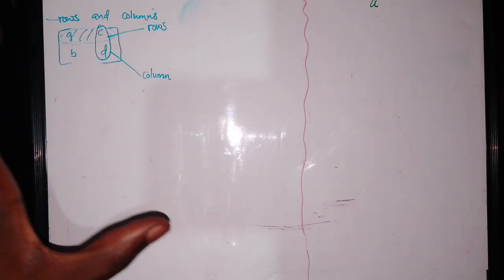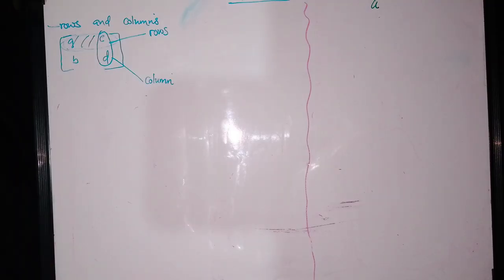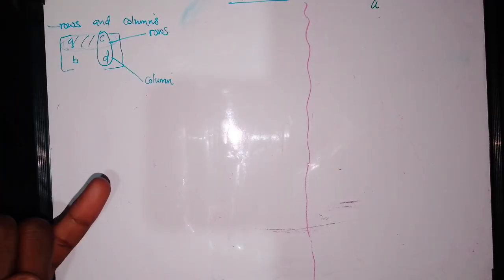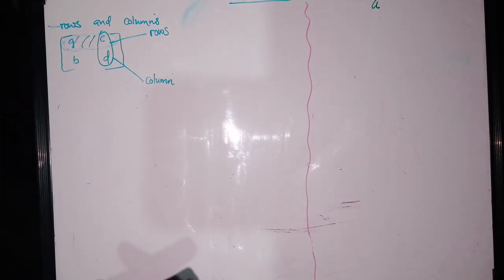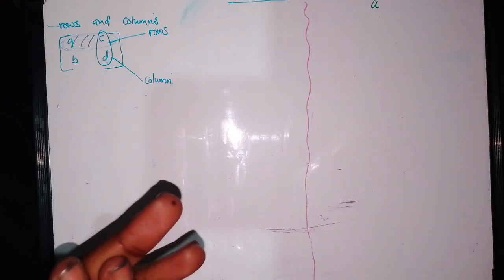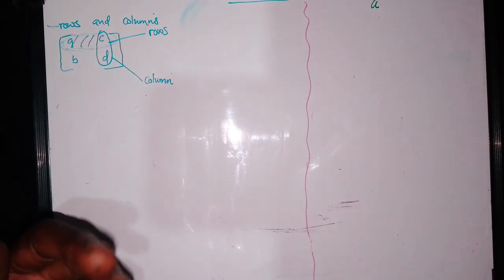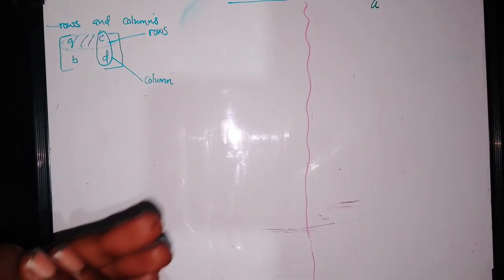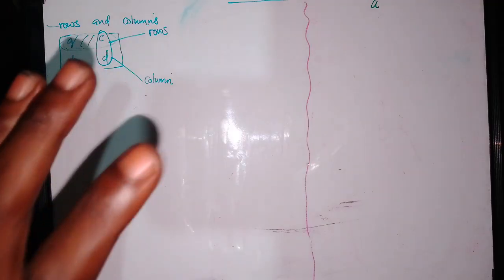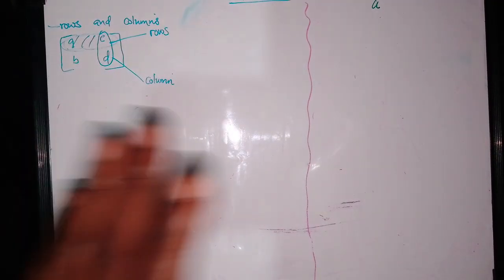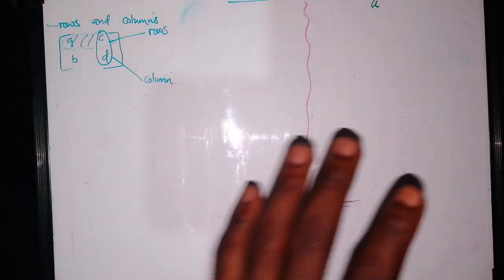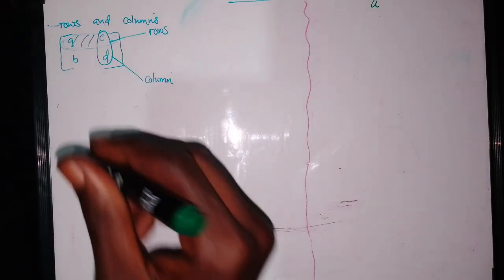Okay, so now that we have understood how you can add, how you can use the order of matrix to solve equations, and also how you can subtract, the next thing is now multiplication. How can you multiply matrices?